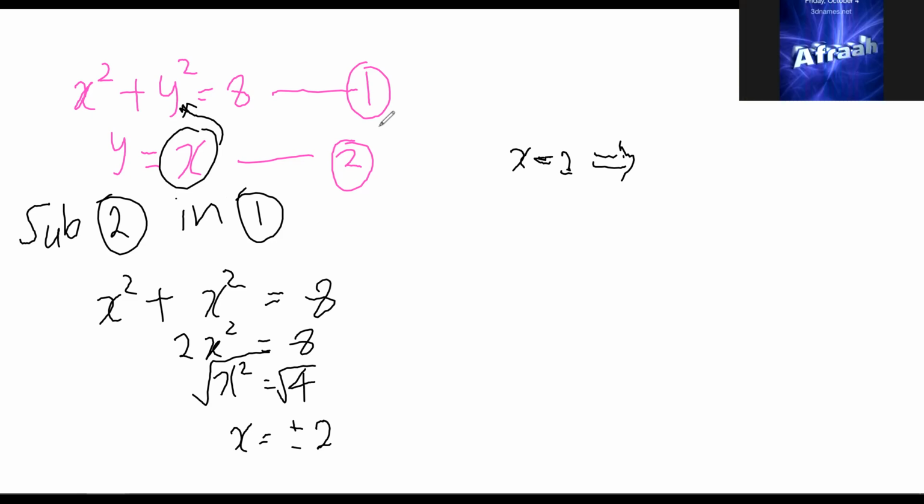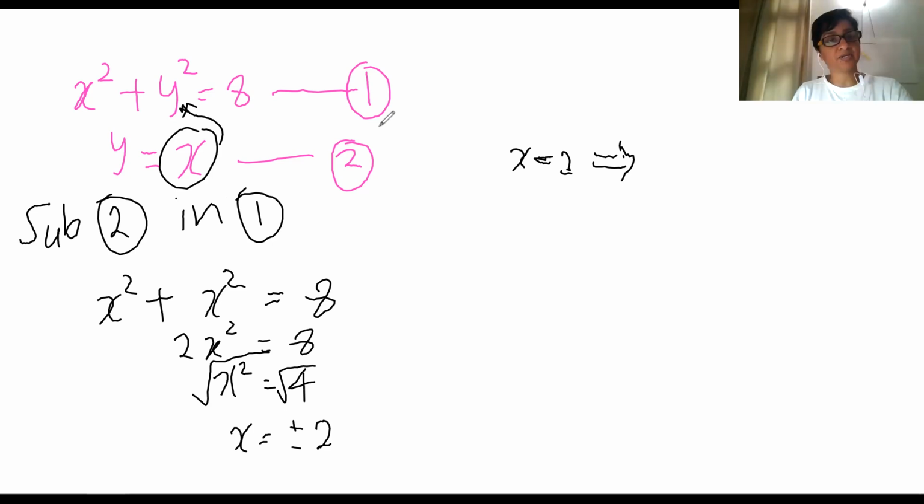Excuse me, miss. Yes, Afra. Miss, how did the second equation x become x squared? Not the second equation. I am substituting the second equation in the first equation. This is the first equation I'm writing. So x squared plus, I'm substituting for y. Y is equal to x now.